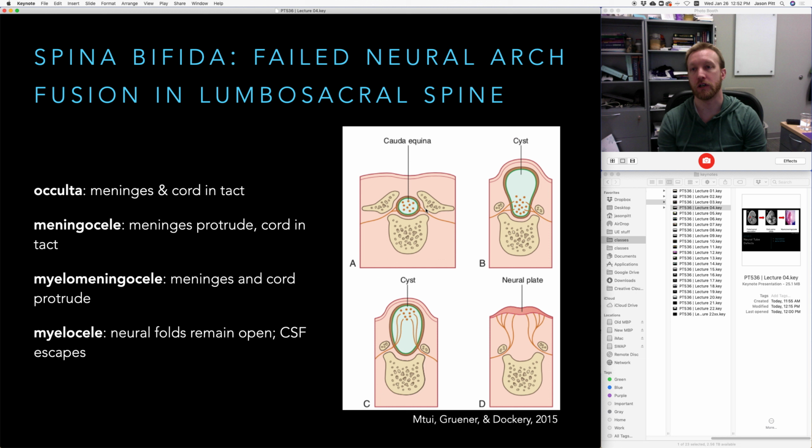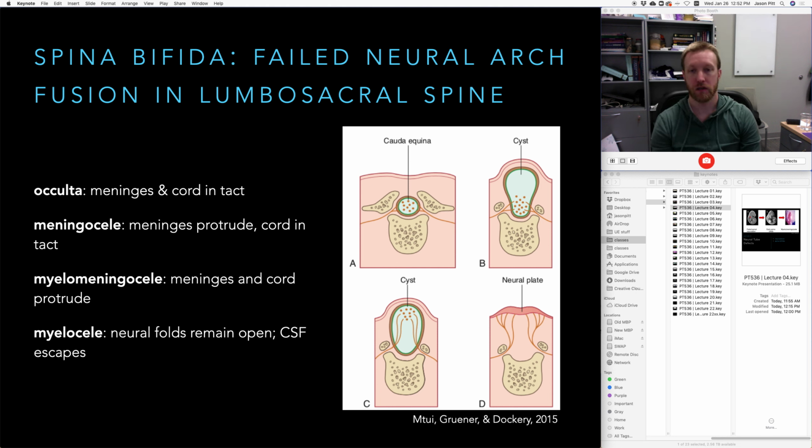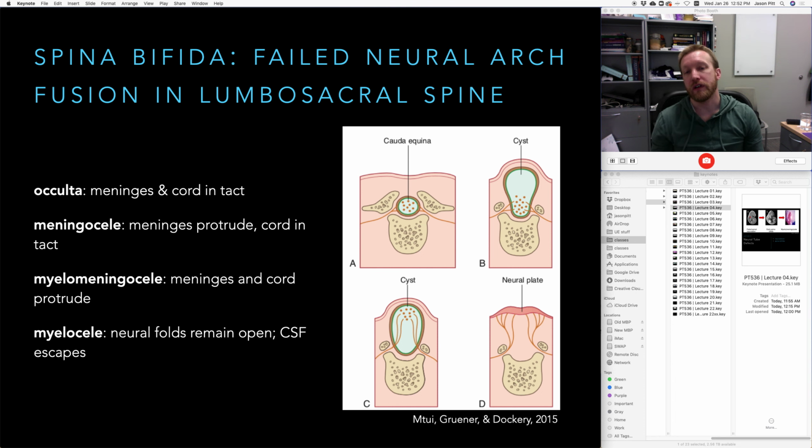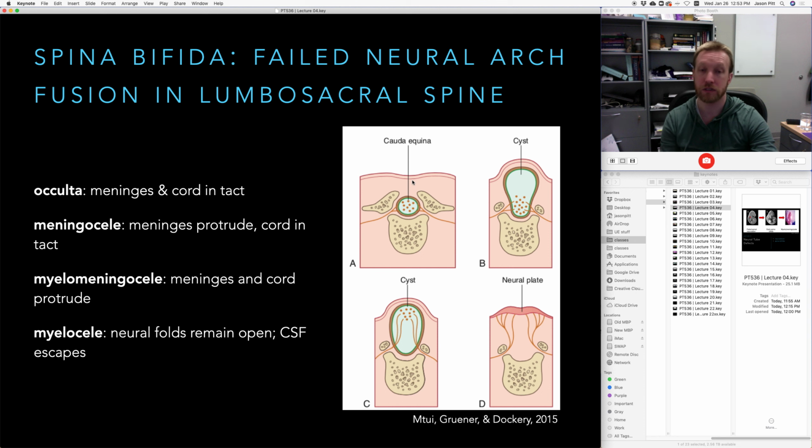All right, there's four types of spina bifida. The most common is spina bifida occulta, and that's what we see here in panel A. In this case, all we have is a failure of the neural arches to fuse together. And that's it. You might see a little hairy patch of skin over the area. I'm not sure why, but whenever the nervous tissue has better contact with the skin, it leads to hair formation.